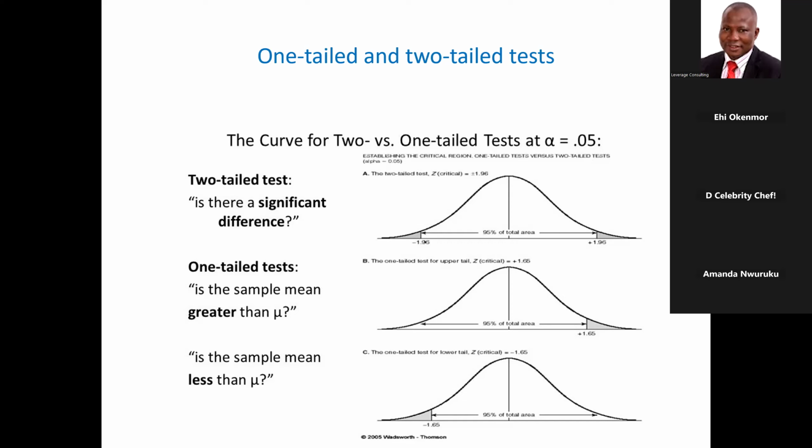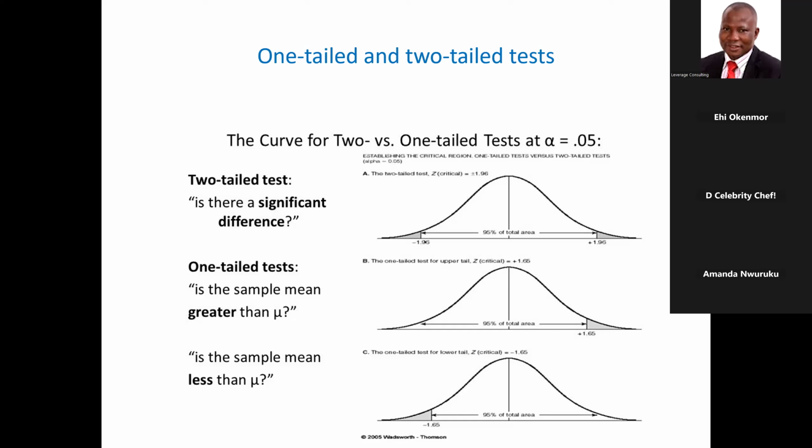You may have reasons to say hypertension is higher in rural or higher in urban because they are bustling in the urban, whatever. That's not your concern. You are not testing whether it is higher in urban than rural or higher in rural than urban. Your concern is that the difference is statistically significant. It can be higher in either place, but is the difference statistically significant? That is the 2-tailed test.